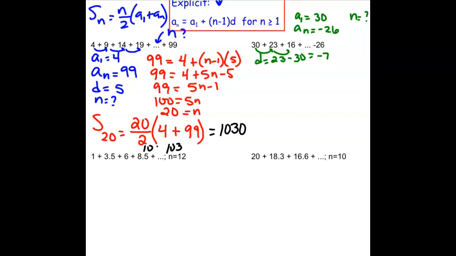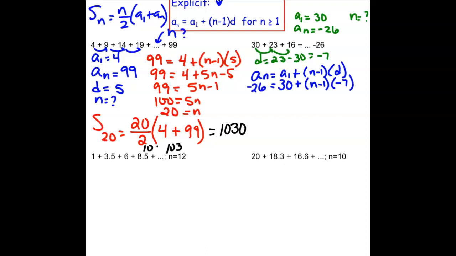All right, knowing all of that, I can figure out how many numbers are in my list. So a sub n equals first term plus n minus 1 times my common difference. Plugging in what we know. Our first term is 30. We don't know n. We know d is negative 7. And we know that our nth term, our last term, is supposed to be negative 26.